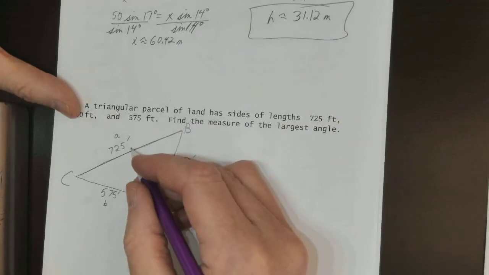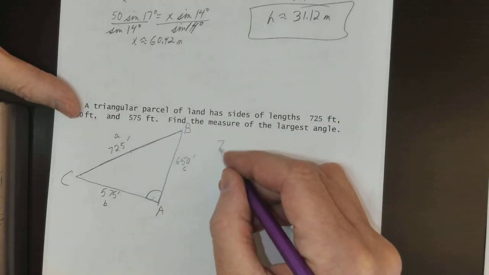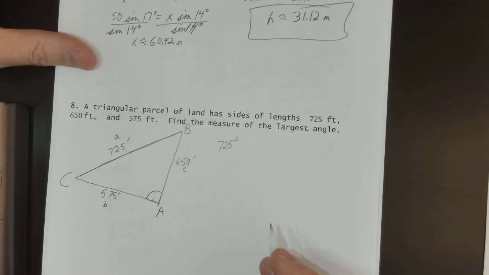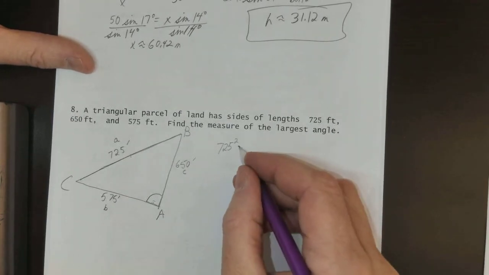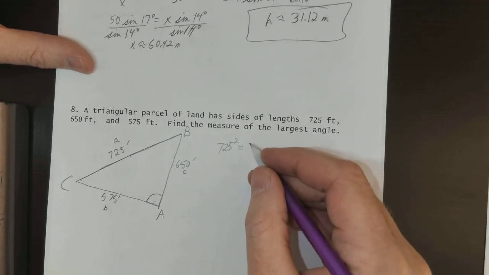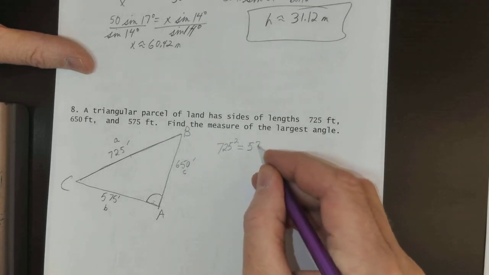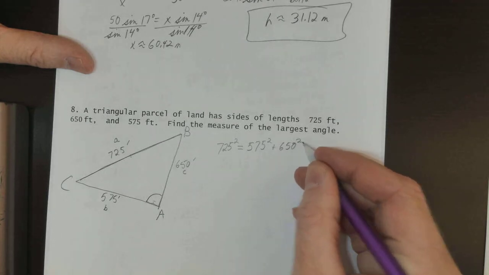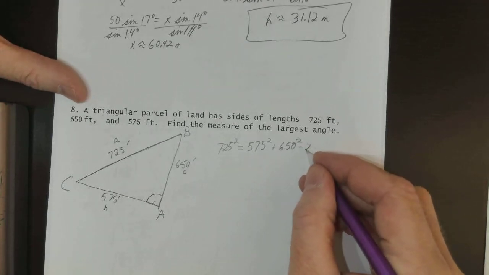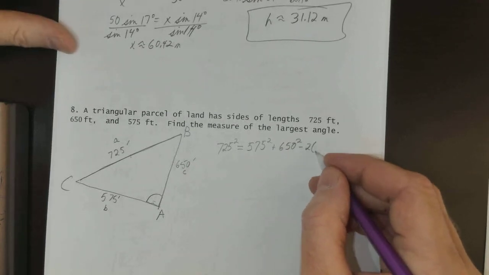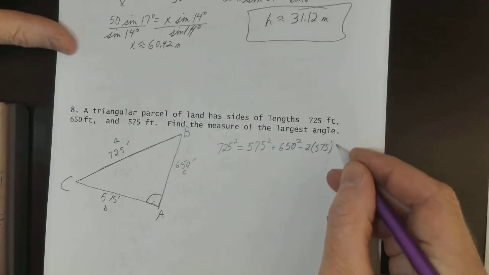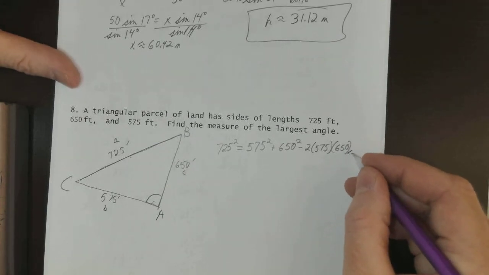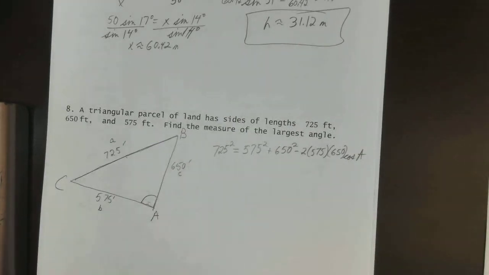So I'm going to be using the A. So 725 squared equals 575 squared plus 650 squared minus 2 times 575 times 650 times the cosine of A.